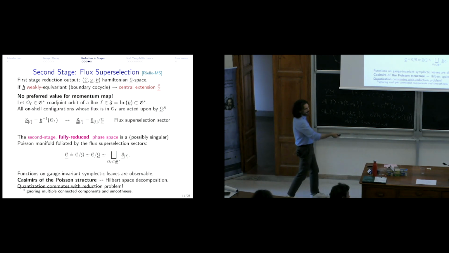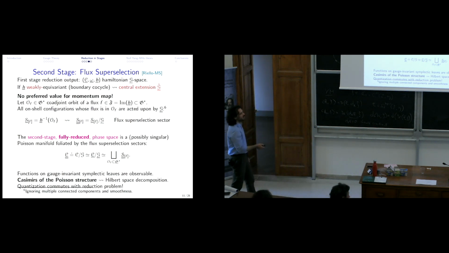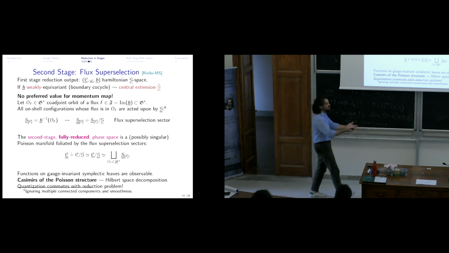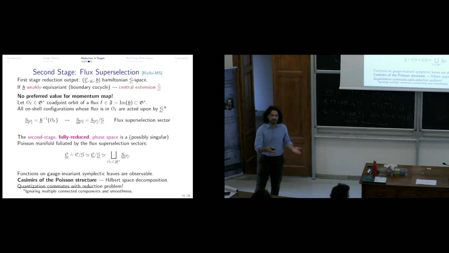And we expect, but obviously this is hard, that it's precisely the Casimirs of this Poisson structure that will inform the Hilbert space decomposition that people call quantum superselection sectors in algebraic quantum field theory.